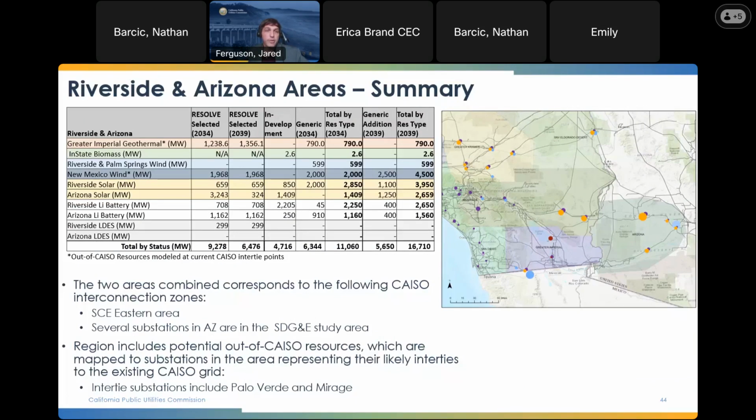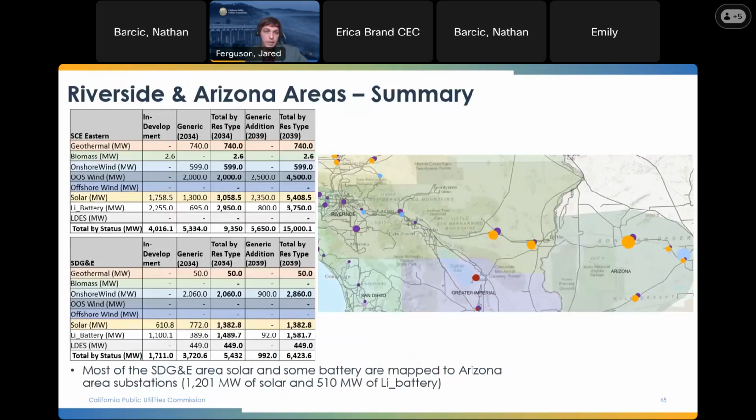It also includes the out-of-state interconnection point of Palo Verde, which is where we've mapped the out-of-state wind coming in from New Mexico. Next slide. This is showing the breakdown of resources for the SCE Eastern interconnection zone, and then the SDG&E zone. Next slide.